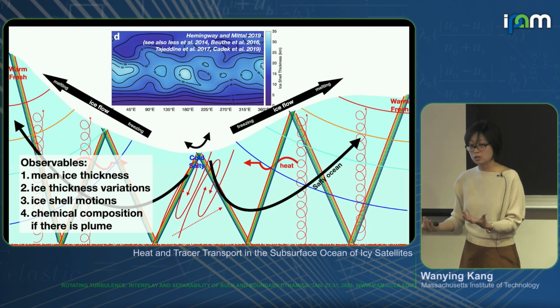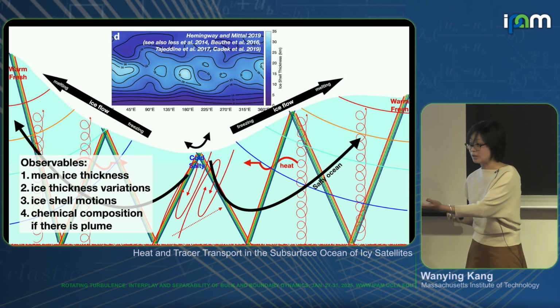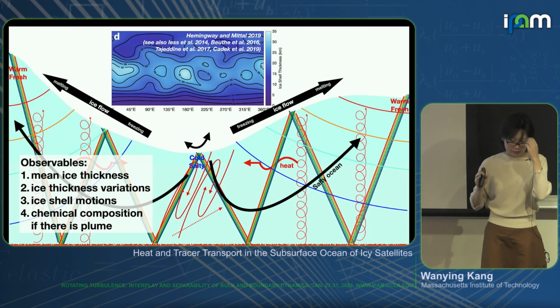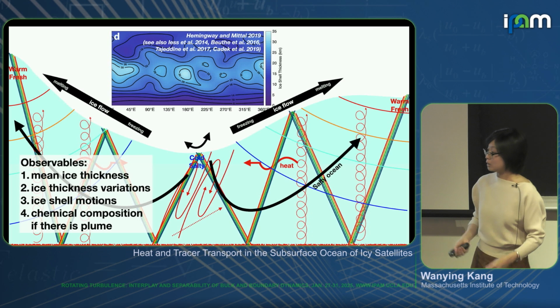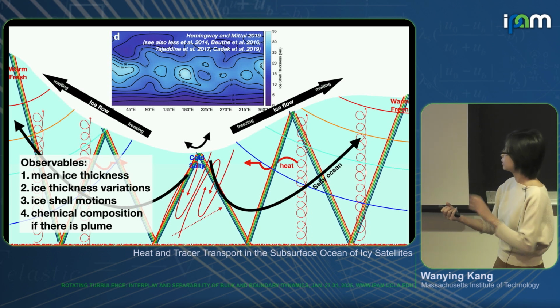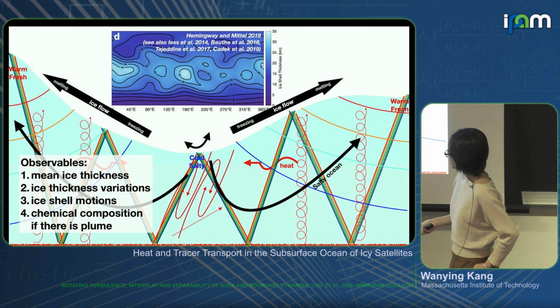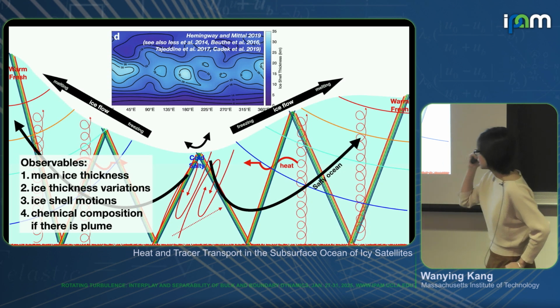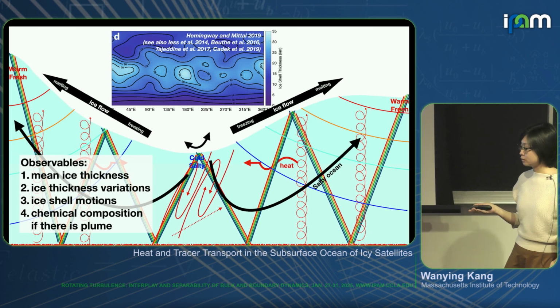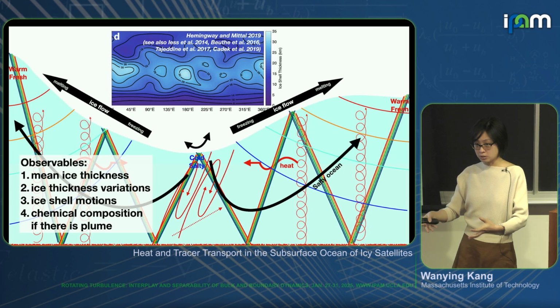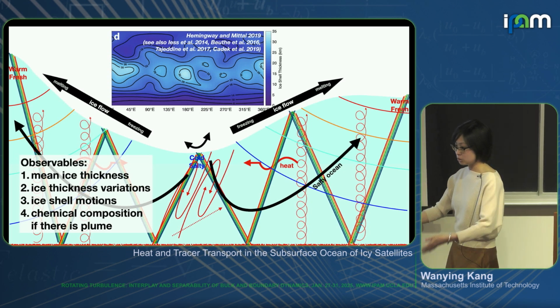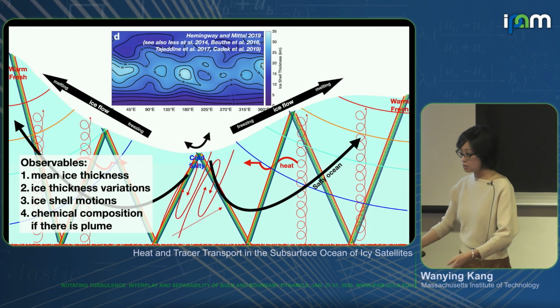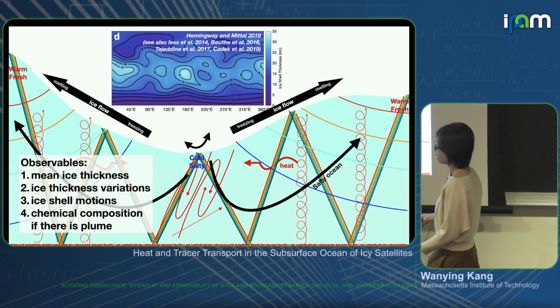If so, then probably that is caused by the drag from the ocean, right? If you have some current developing in the ocean, then the ice shell can potentially drift. And then lastly, we have chemical composition, right? For Enceladus, we have these southern regions where you have active geysers. They send material from the interior to space, so we can detect it and see what is in there.